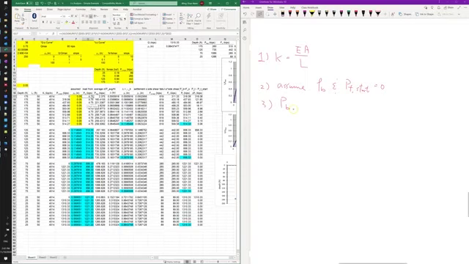So this part will be the Qmax that we know times whatever we read from the Q over Q max curve versus the settlements.